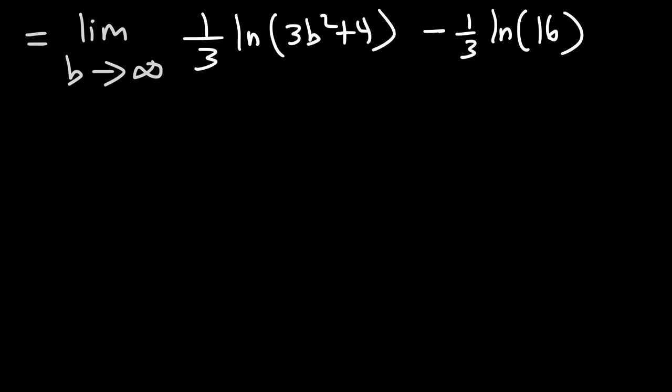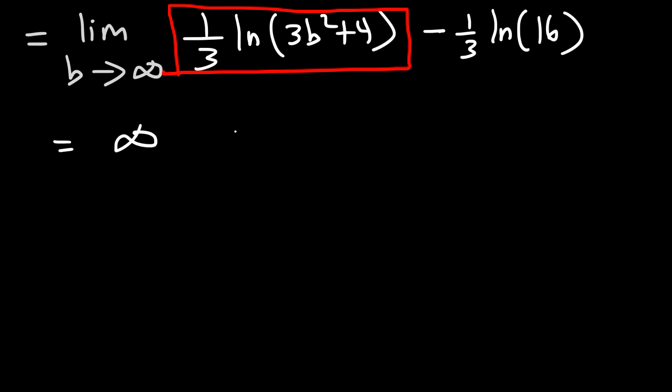Now as b goes to infinity, what happens to ln 3b squared plus 4? Infinity squared is infinity. If you multiply that by 3 then add 4, you're still going to get infinity. And the natural log of infinity is still infinity. So this entire expression goes to infinity. So infinity minus some finite number is still going to be infinity.